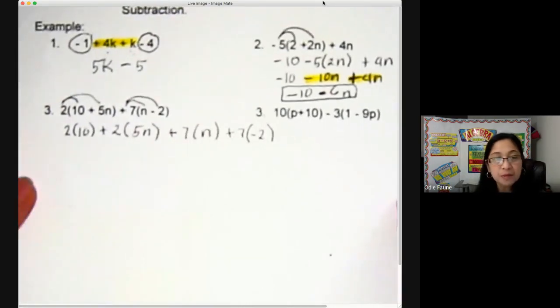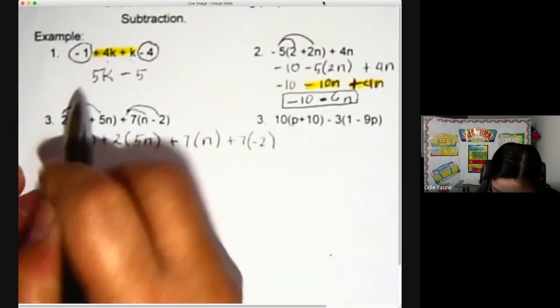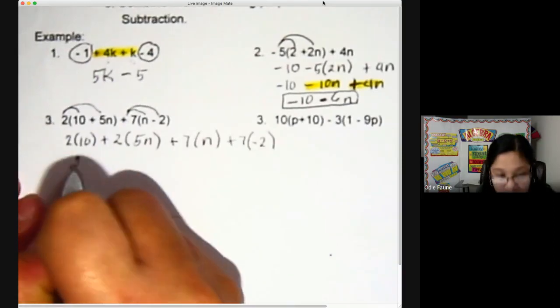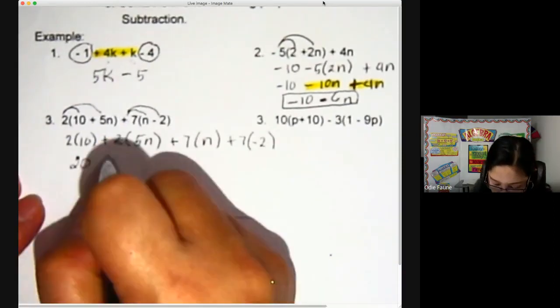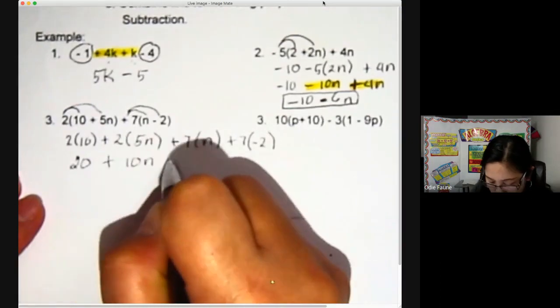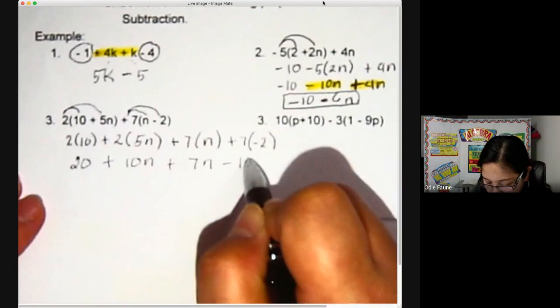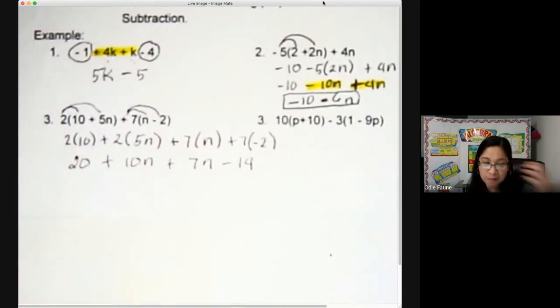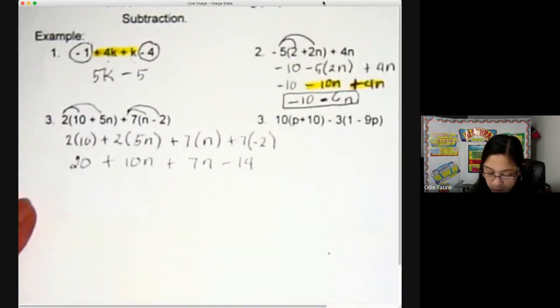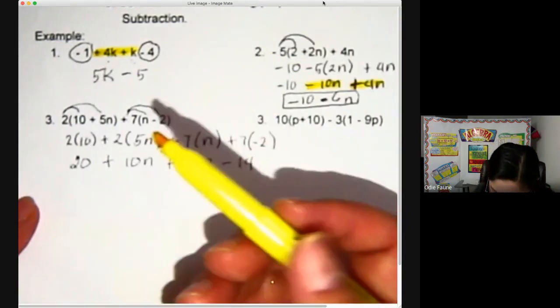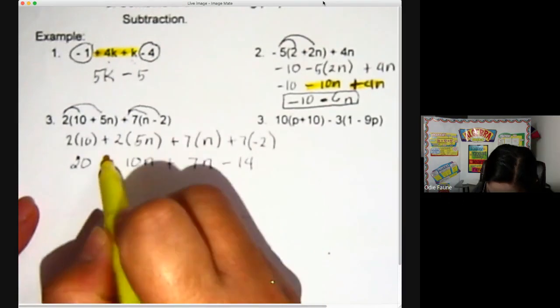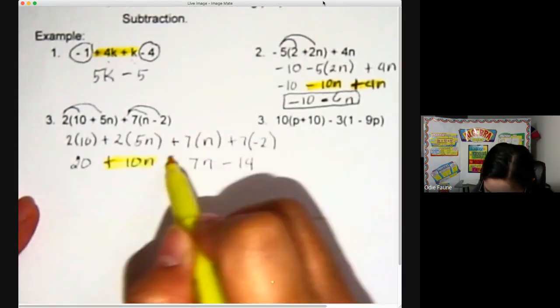So, from here, this is just 20 plus 10n plus 7n minus 14. So, multiply a positive and a negative is negative. Then, identify like terms. So, what are the like terms? Here is our like terms. 10n and 7n.